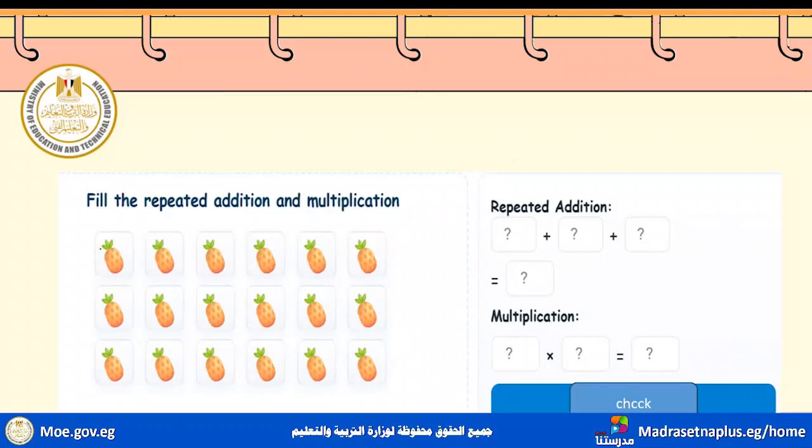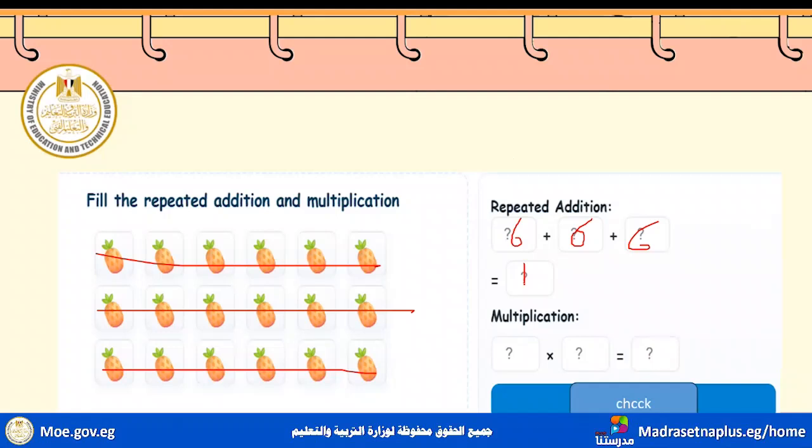So I have 3 rows. Each row has 6 pineapples. So 6 and 6 and 6. By using skip counting or by adding, you will get the total number as 18. So this is using repeated addition.